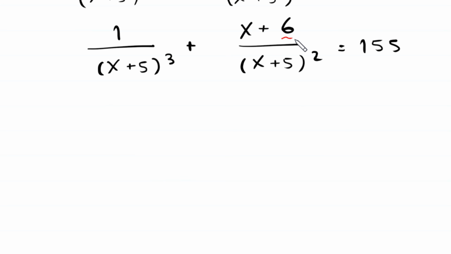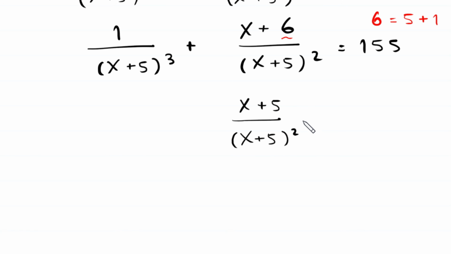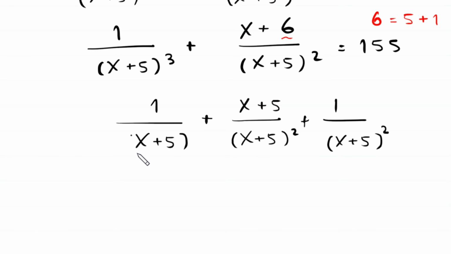Now because this 6 is same as 5 plus 1, we can rewrite this fraction as (x plus 5) divided by (x plus 5) whole squared plus 1 divided by (x plus 5) whole squared, and this remains same plus 1 divided by (x plus 5) whole cubed equal to 155.